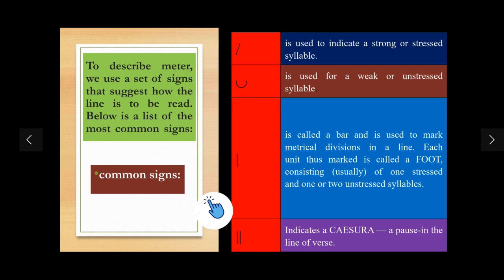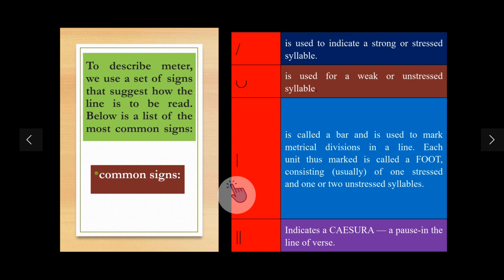Similarly, whenever you come across such a sign, it is called a bar and is used to mark metrical division in a line, and each unit thus marked is called a foot. So between each foot you will find this kind of sign. When you find this sign, it will indicate that it is 1 foot.